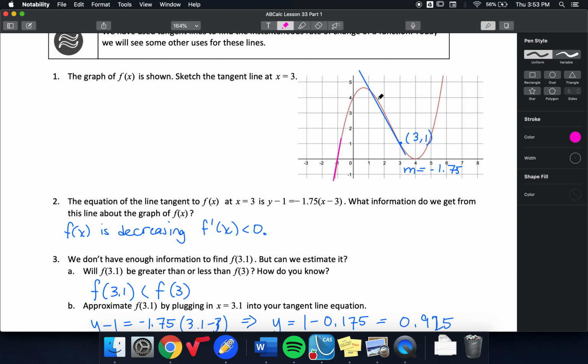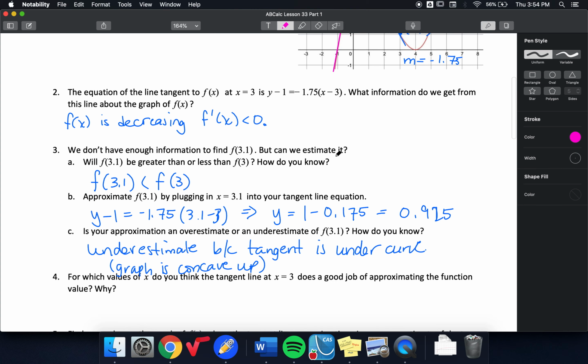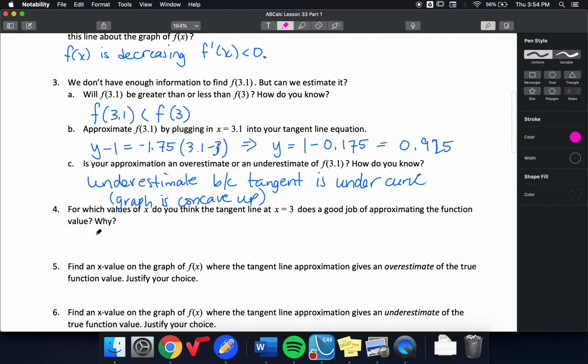Over here, though, at, let's say, x equals 2, I'm going to have an overestimate. I drew it in the wrong place, but let's try that again. Well, all right. So at x equals 2, I would have an overestimate as well. So anywhere that the curve is concave down is going to lead to an overestimate.